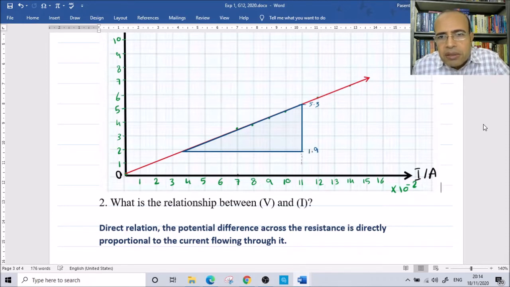And on the x-axis the current values are 11 and 3.6.